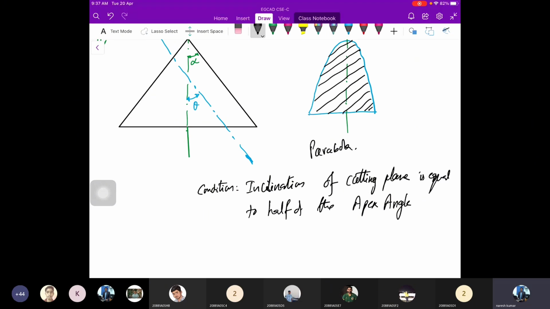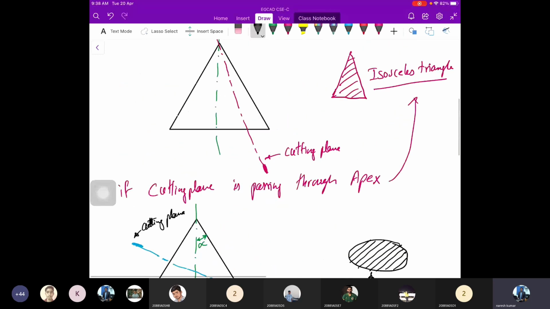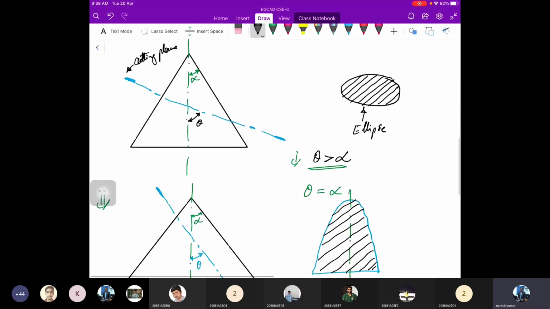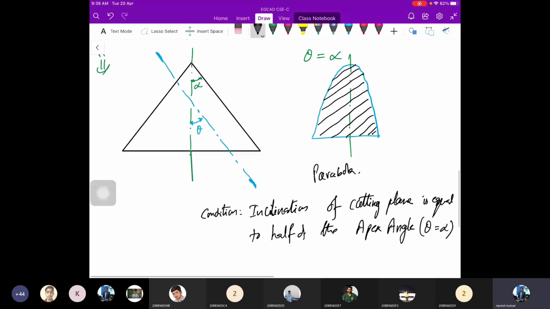Half of the apex angle means alpha, since the apex angle is 2 alpha. So theta is equal to alpha, and whatever cross section we are getting is a parabola.